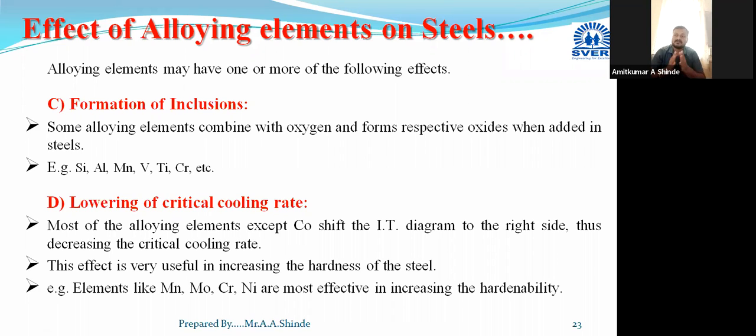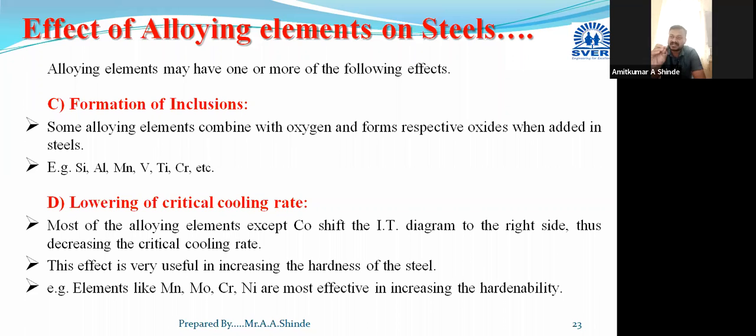Critical cooling rate is the cooling rate which enables us to get the maximum hardness in the steel. Maximum possible hardness we can get with this critical cooling rate only. It is the critical cooling rate which will give a certain phase, and that phase is nothing but martensite. Just understand this here, don't go into the depth.